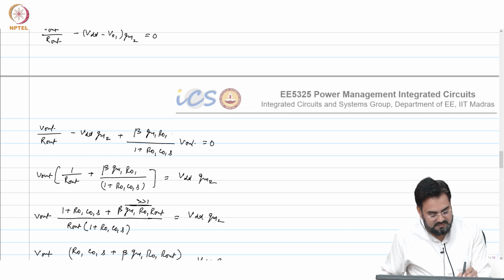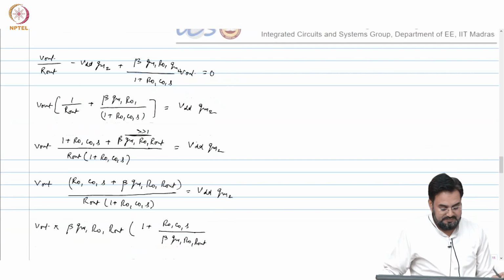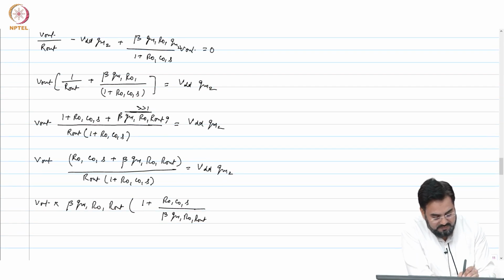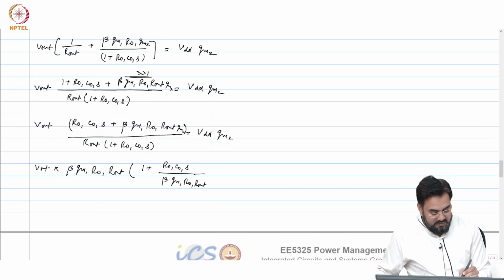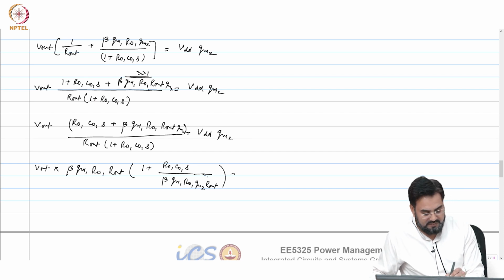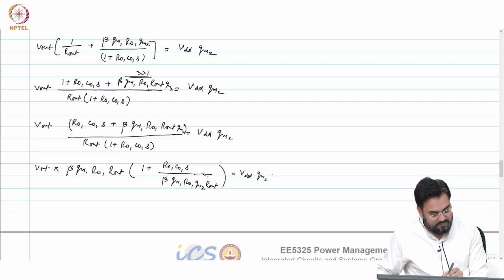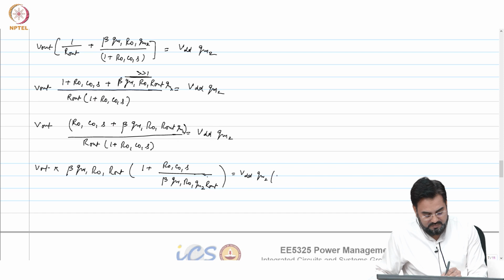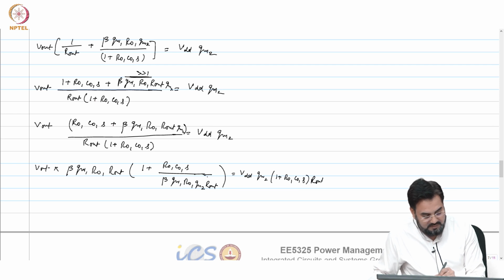This should be GM2 here, huh? Okay. So GM2 equal to VDD GM2 into 1 plus R1 C1S into R out.